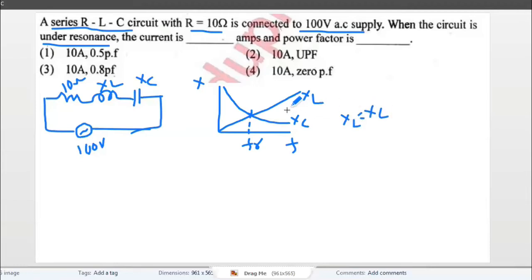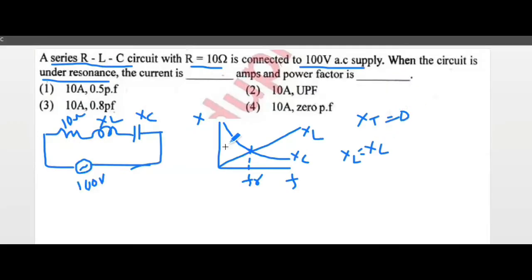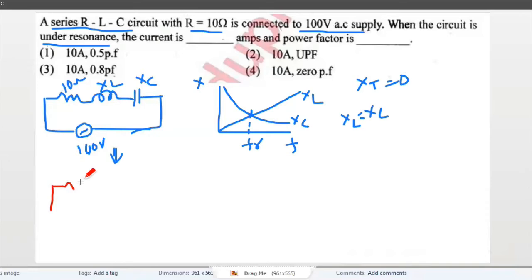So the net reactance XT will be 0. So this circuit will be like this. Now it is having only the resistance and connected to the 100-volt source.